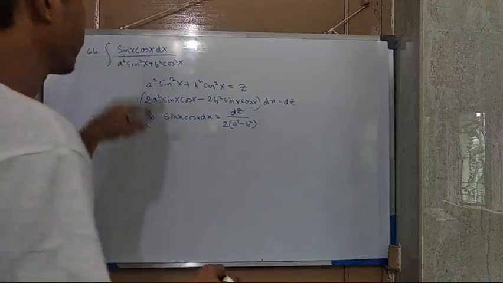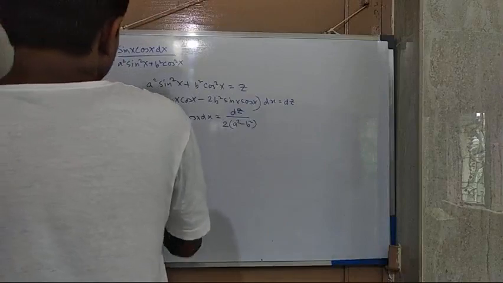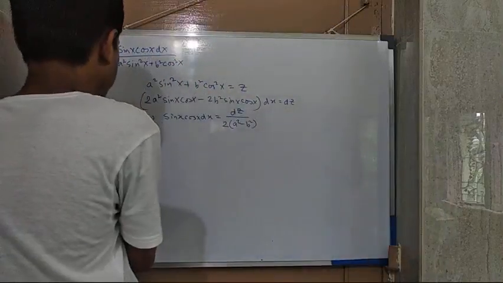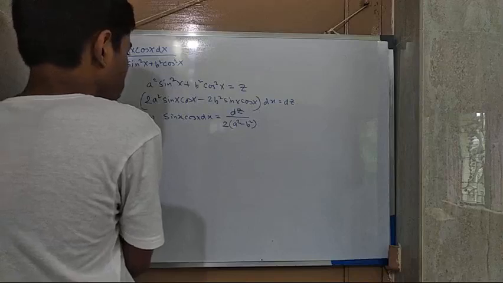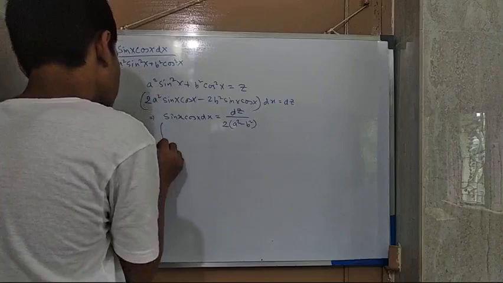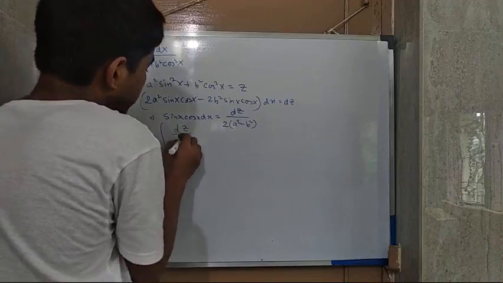Okay, so it is rigorously simplified as 1 by 2 a square minus b square integral dz by z.